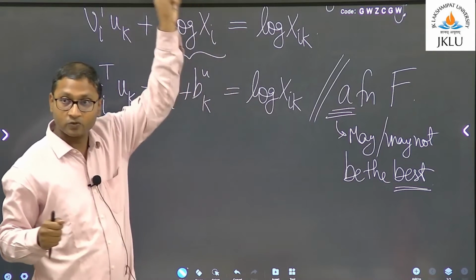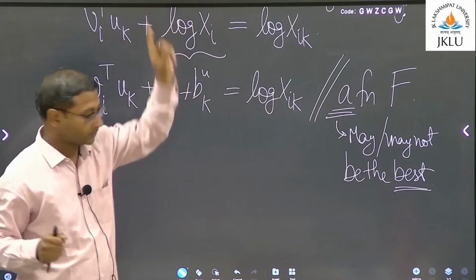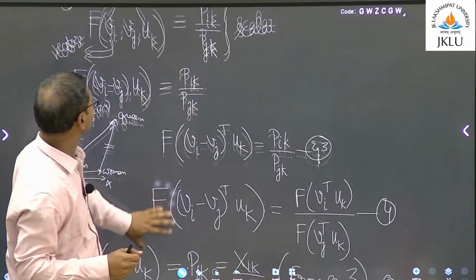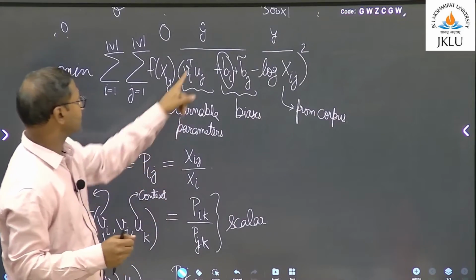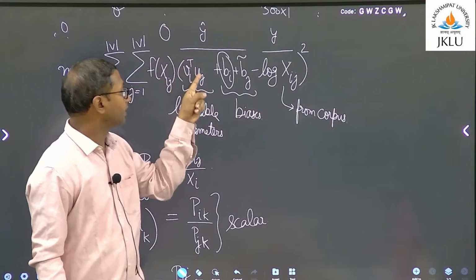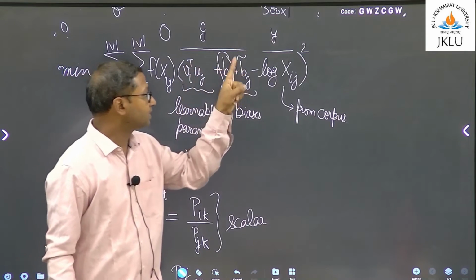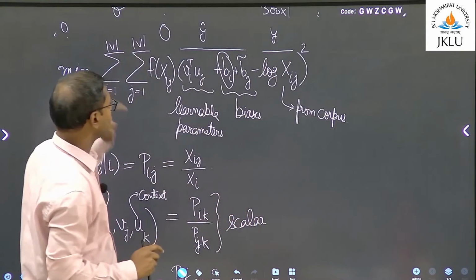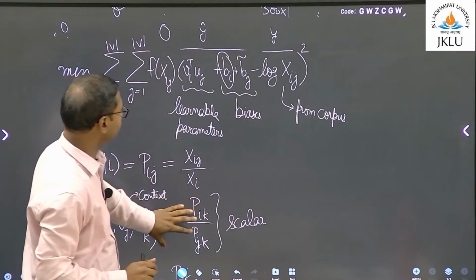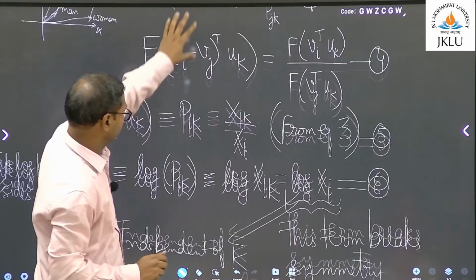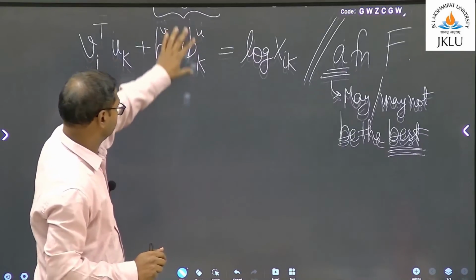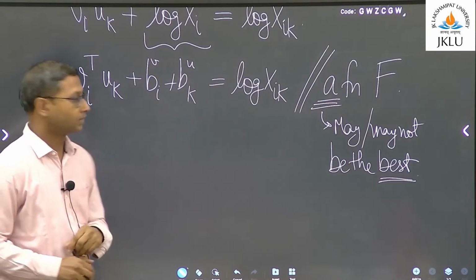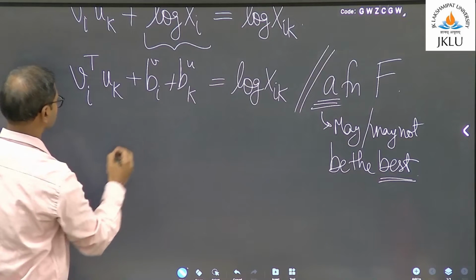Now is this equation same as what we wrote yesterday? So let us go back to that. This is same, right? Vi transpose uj plus bi plus bj minus log xij, because you shift that thing to the left hand side. So this is same as that. Now let us rewrite this. I basically bring it to this side.